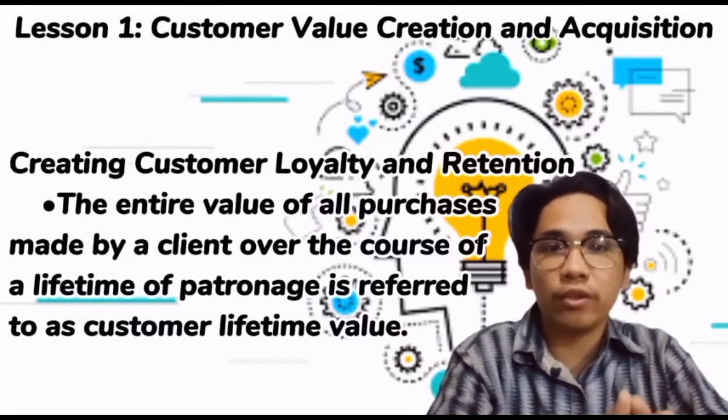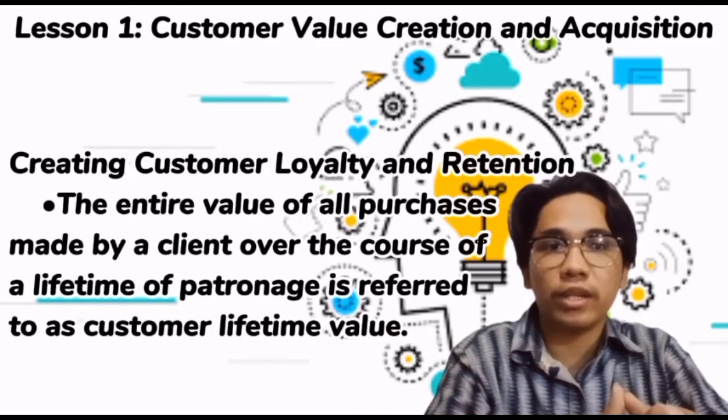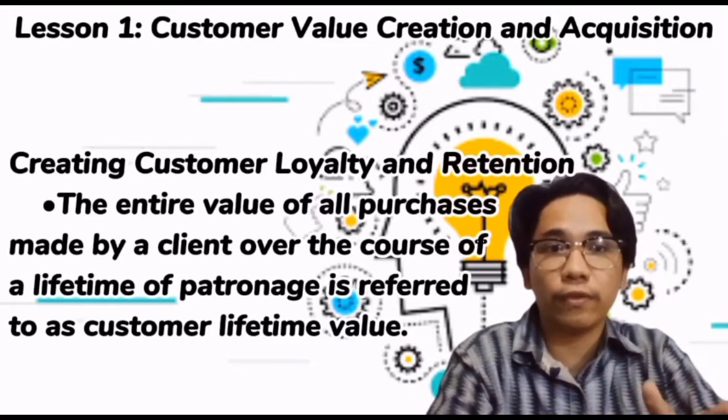The entire value of all purchases made by the client over the course of a lifetime of patronage is referred to as customer lifetime value. This is very important because it increases your customer's lifetime value and boosts your revenue. Just as I said before, it can build a great relationship with their customers.